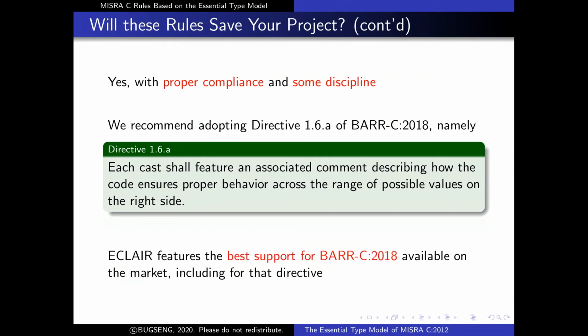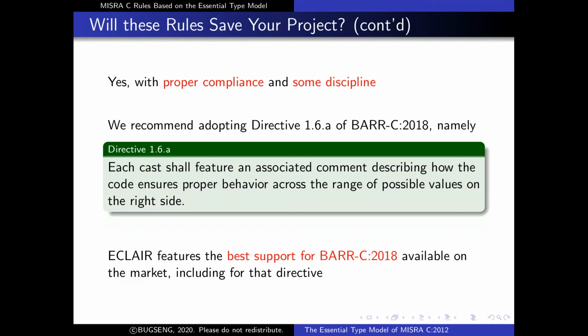Okay, and ECLAIR features the best support for BARR C 2018 available on the market, and in particular for that directive, the tool will signal to you all the explicit casts in which there may be a loss of sign, of value, or of precision that do not have a comment explaining them.